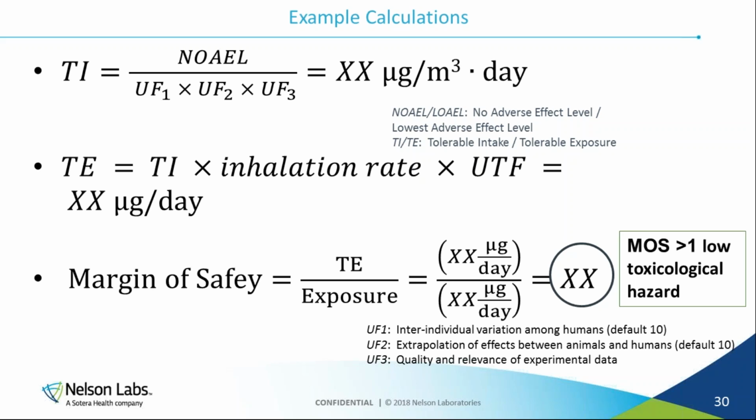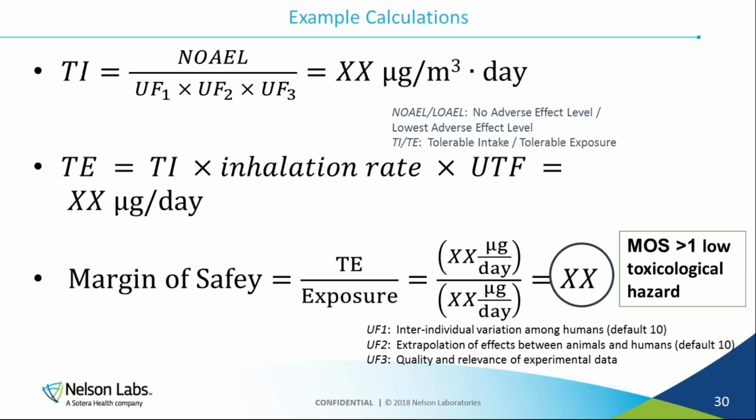And then we correlate that and calculate it out to micrograms per meter cubed per day to get a breathing dose. Then we move on to do our tolerable exposure, which takes into account our TI, which is our daily dose. And then we take into account this inhalation rate.